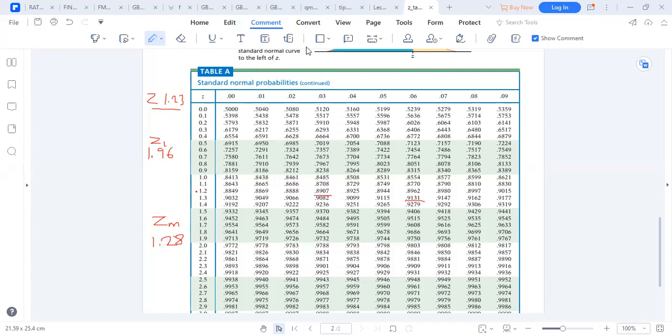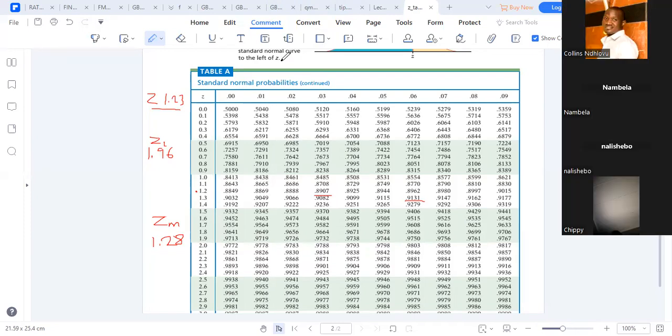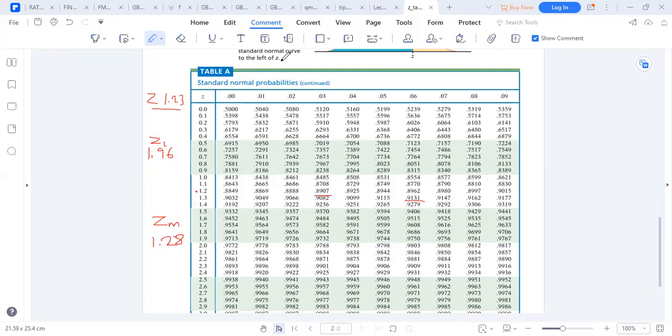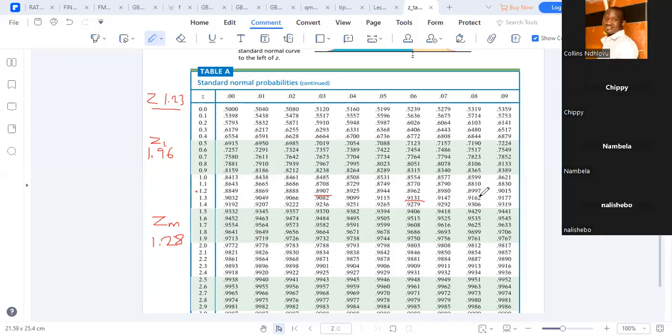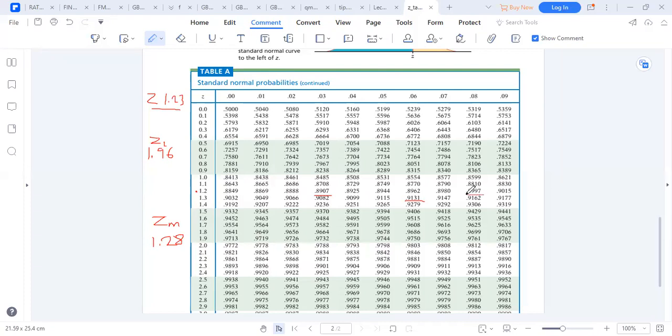Ladies, 1.96. For the gents, 1.28, so 1.2 under 0.08. What did you say? 0.8997.